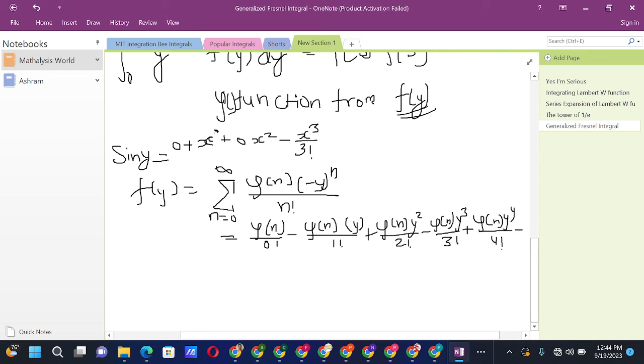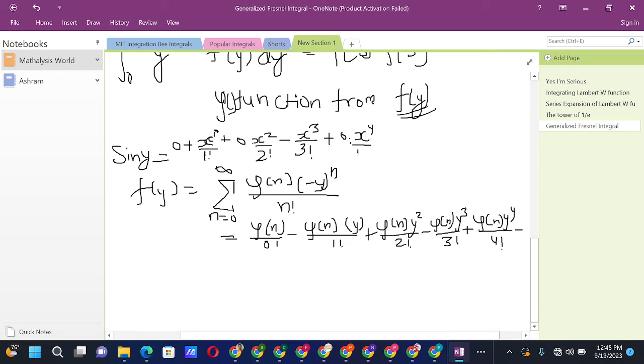I guess you know this expansion of sin x. You need to know this expansion. You can just Google it, or use the Taylor expansion. The term with 0 times x to the power 4 doesn't matter since it's multiplied by 0.